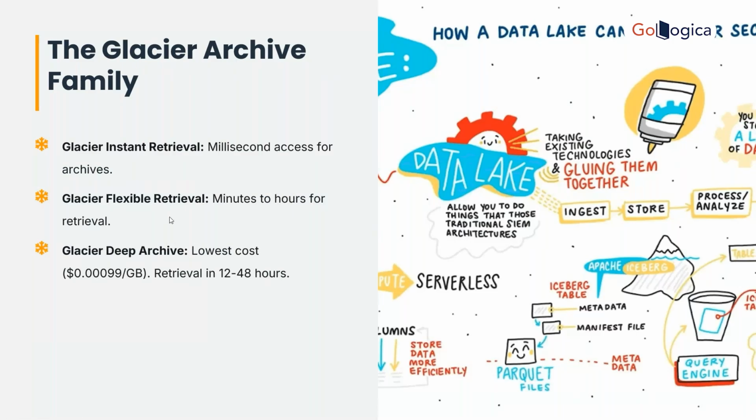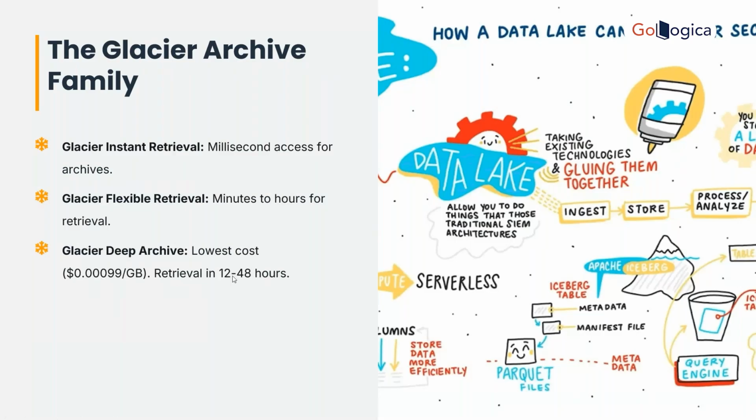The last one that we have in the Glacier family is Glacier Deep Archive. This provides the lowest cost. For example, you can see $0.0099 per GB is the storage cost for Glacier Deep Archive. But here you see the retrieval time: it will take 12 to 48 hours to retrieve your data.